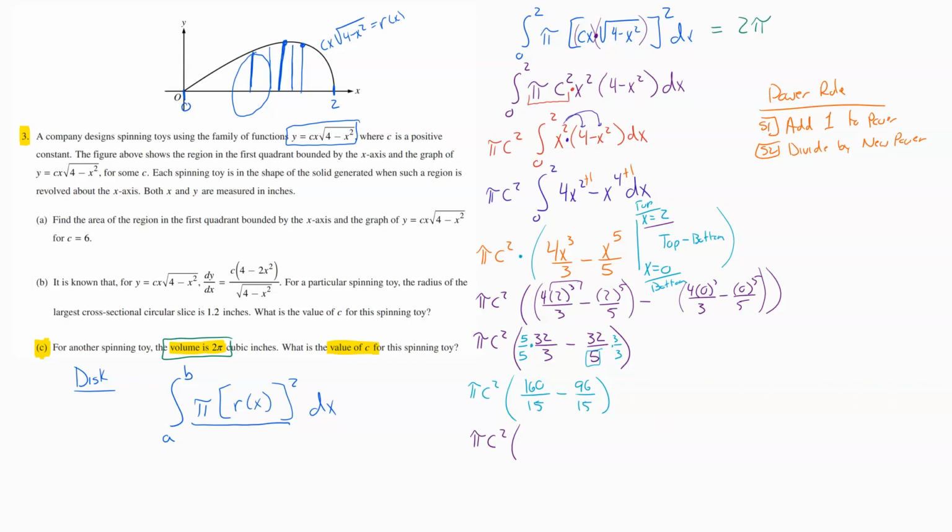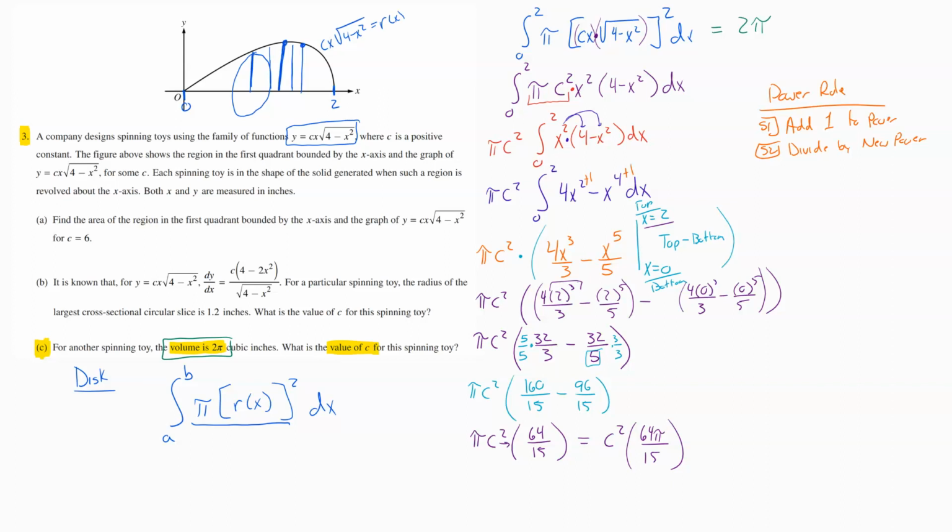When we're combining those top pieces, that's going to get us 64 over 15. And then bringing that together, finally that's one number, so we can multiply this. Keep the c squared as its own piece just because that's what you're going to end up wanting to solve for. And so on the top here, we would have 64 pi over 15.